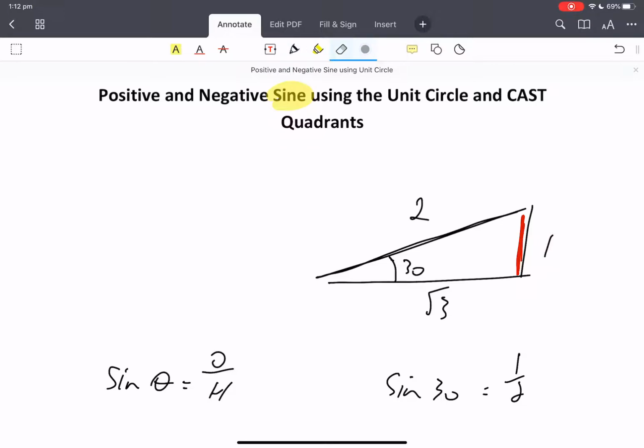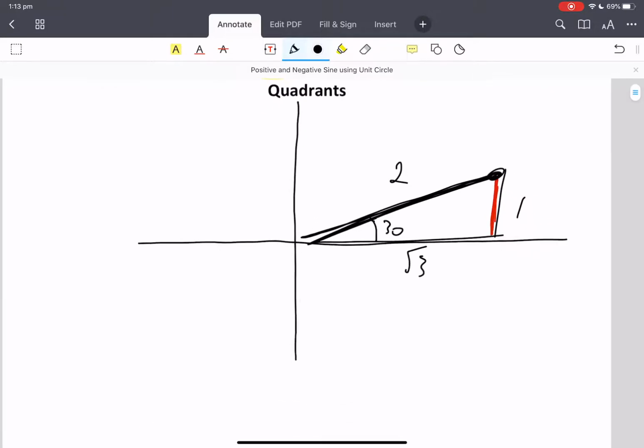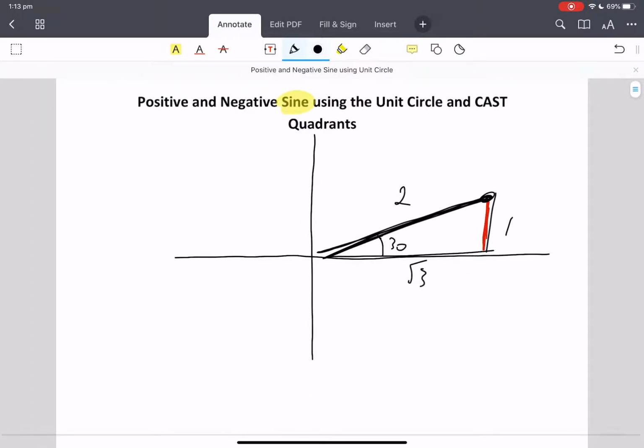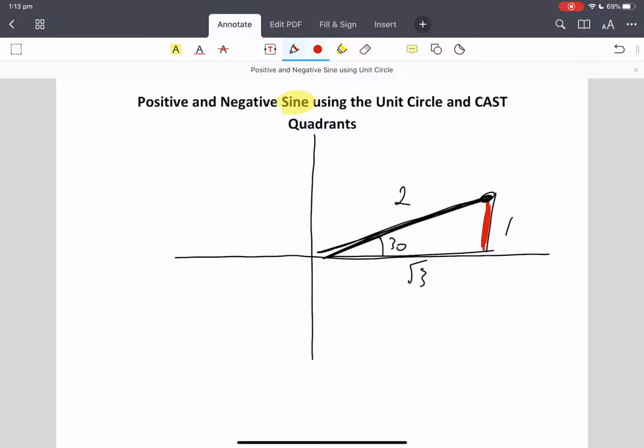So let's just clean up some space. Now we're going to go to that, my unit circle. That's my terminal ray. And I'm going to go, okay, this red line here is the same as this y value here.